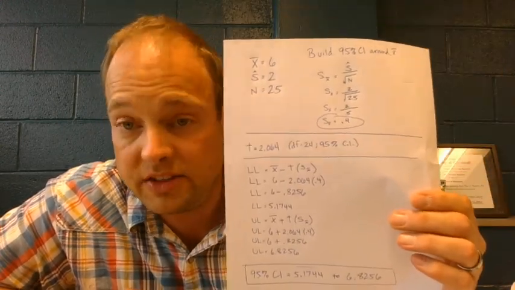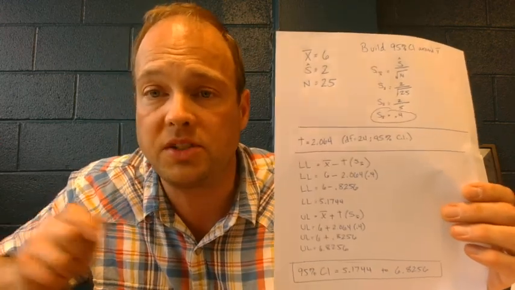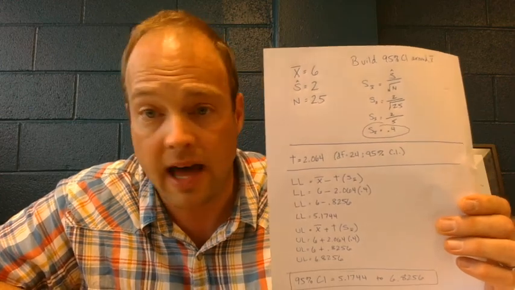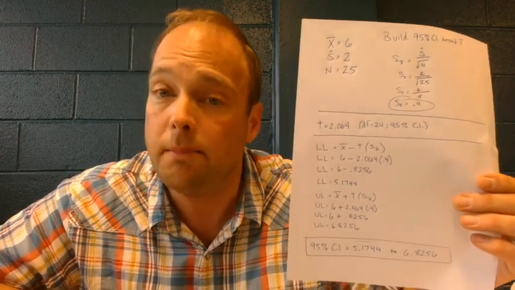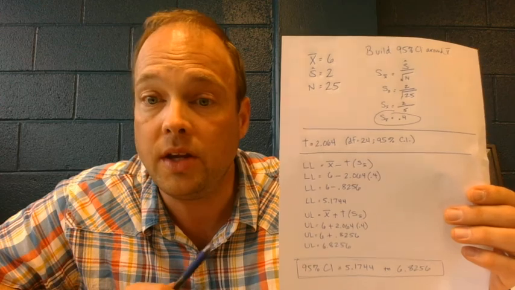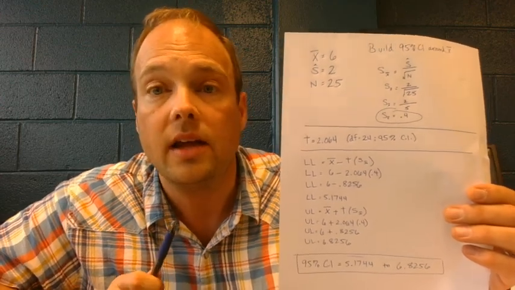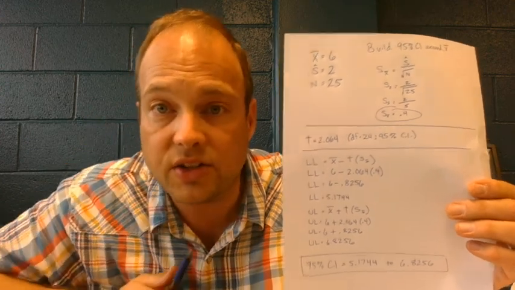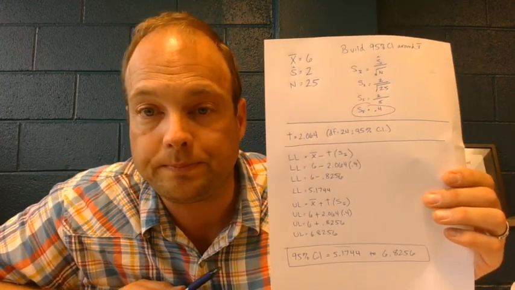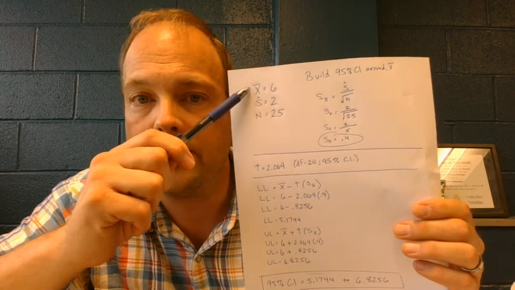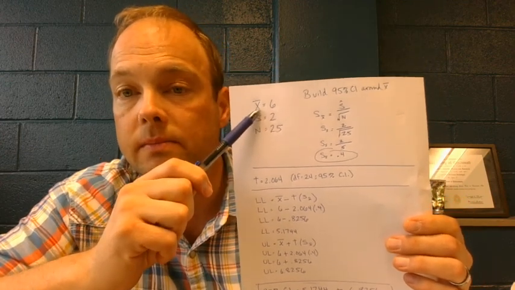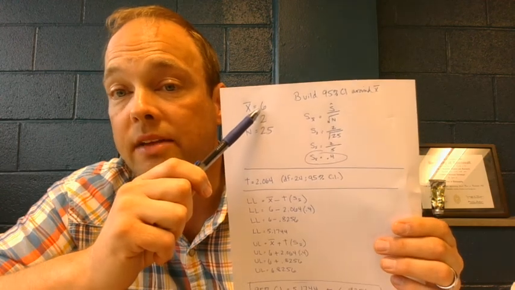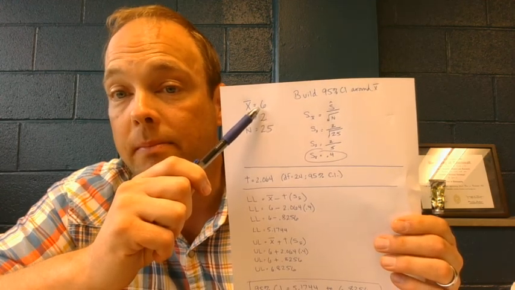What's about to come is the story of confidence intervals. It's not a long story, but it's an important story, and it's very important that you understand this because it relates very strongly to inferential statistics. Here's the story. You ready? We have a sample mean of 6. That may or may not be equal to the population mean from which the sample came.